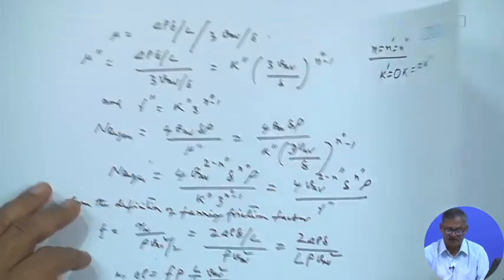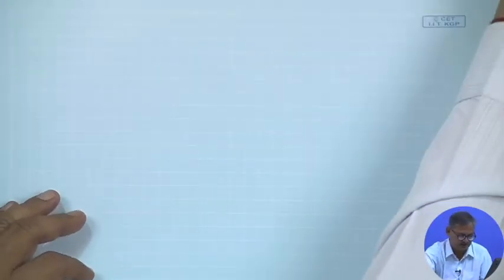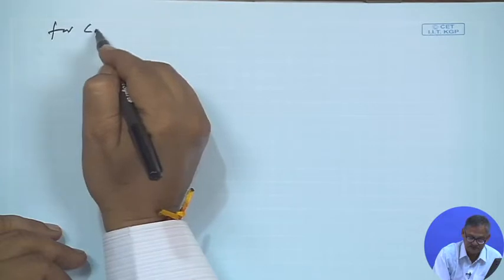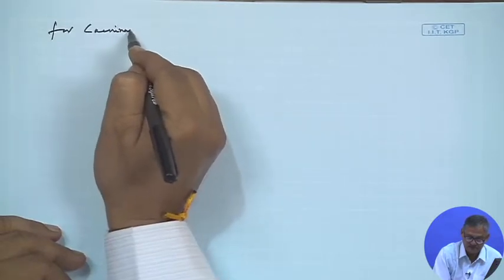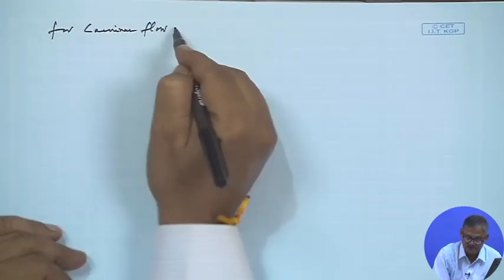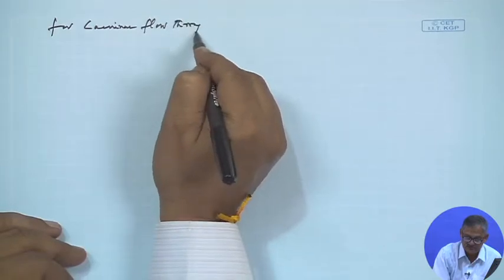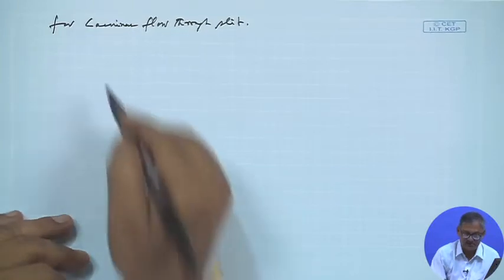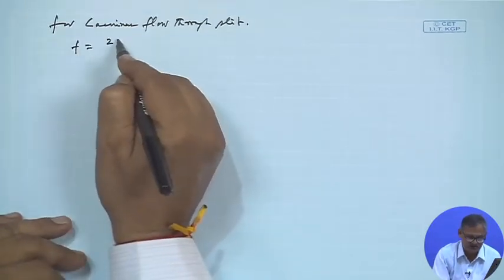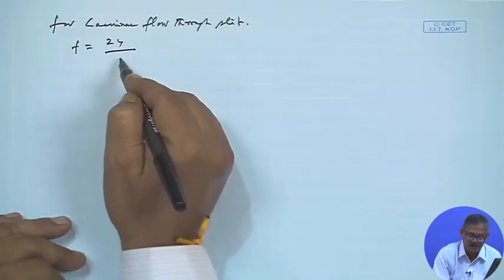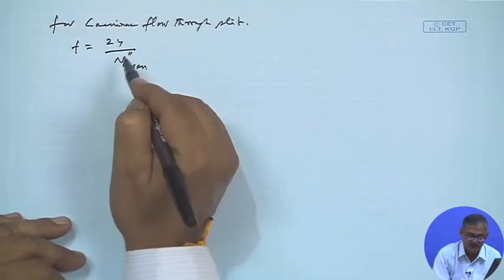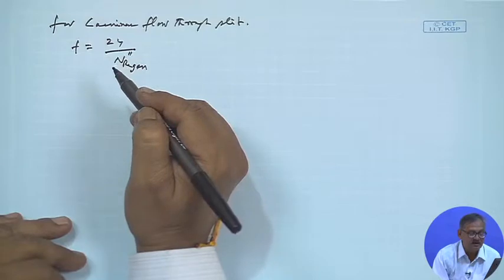Now for laminar flow through a slit, we write F equals 24 by NRE general double prime.